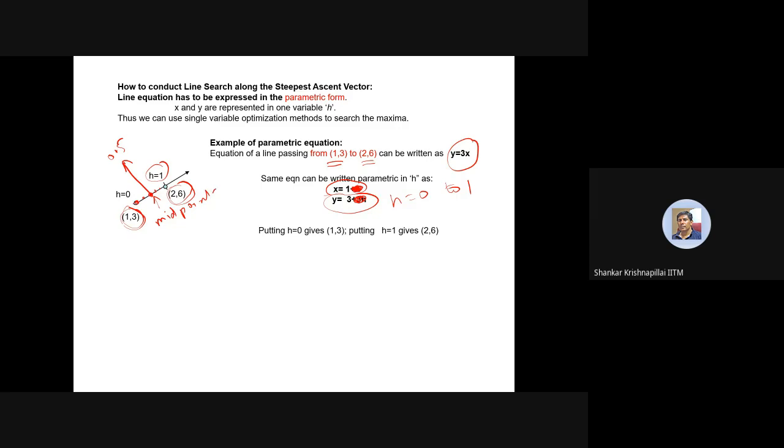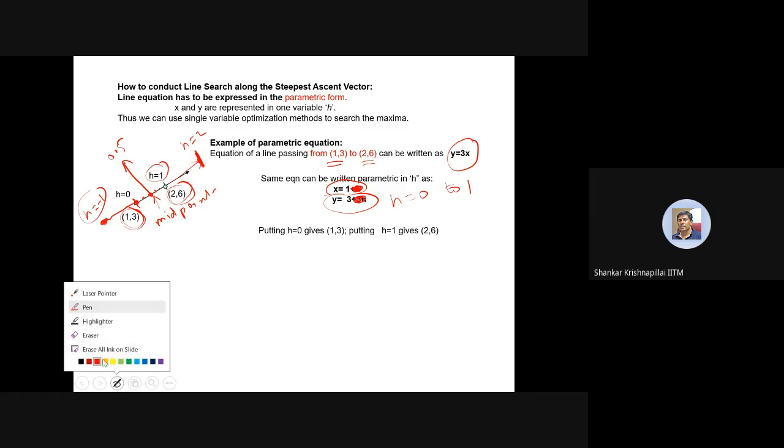If you put h equal to -1, you get a point on the other side of the line. And if you put h equal to 2, then you get a point here. So by giving various values of h, you can get various values of x and y without the need for the exact equation.